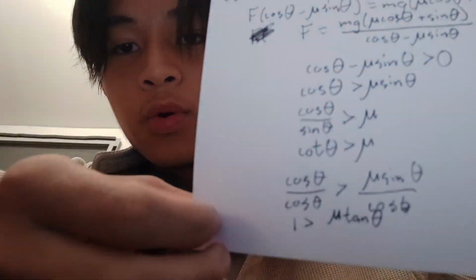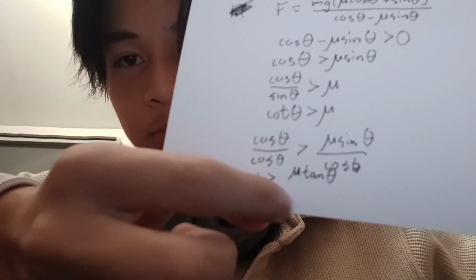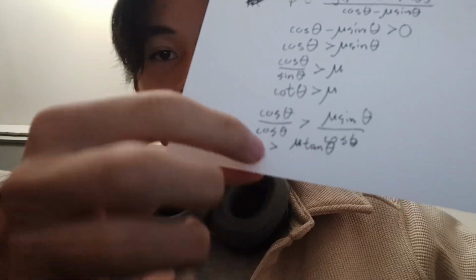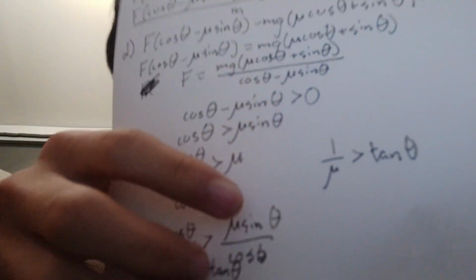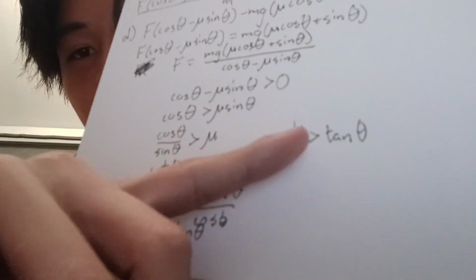And then the sine theta over cosine theta simplifies to tangent theta. So we get 1 is greater than mu tangent theta. And then we can just divide both sides by mu. And so 1 over mu must be greater than tangent theta.